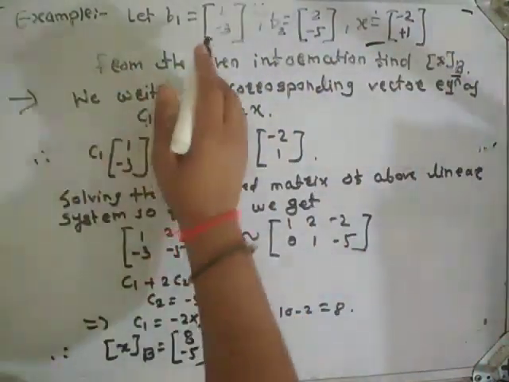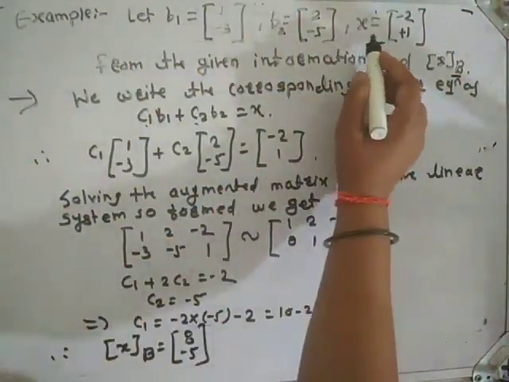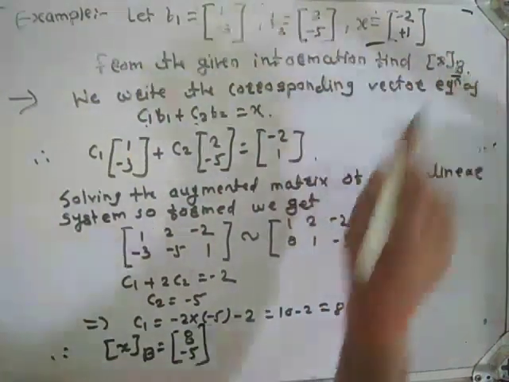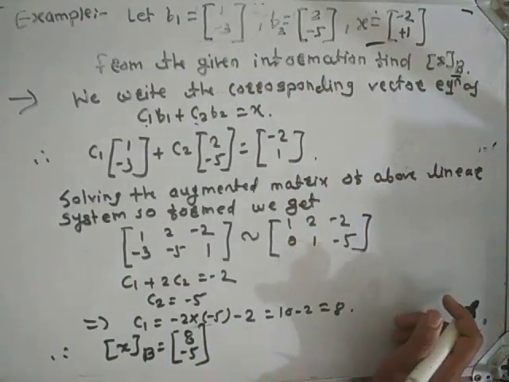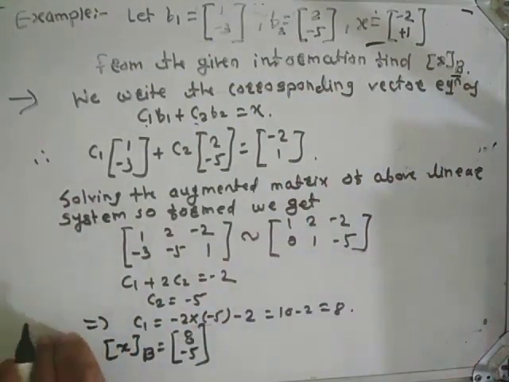In this problem, we were given the basis and x, and we had to find the coordinate vector of x relative to the basis. It is very simple. Just use the definition of the coordinate vector of x relative to the basis. Okay. Let us take the next theorem.